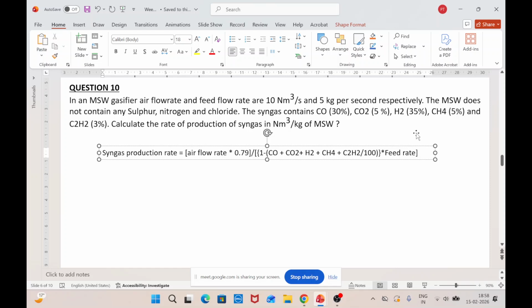Is the formula fine? Now based on this formula, you are supposed to calculate the rate of production of syngas in Newton meter cube per kg. You just need to substitute the expressions and then you'll be able to get the answer.